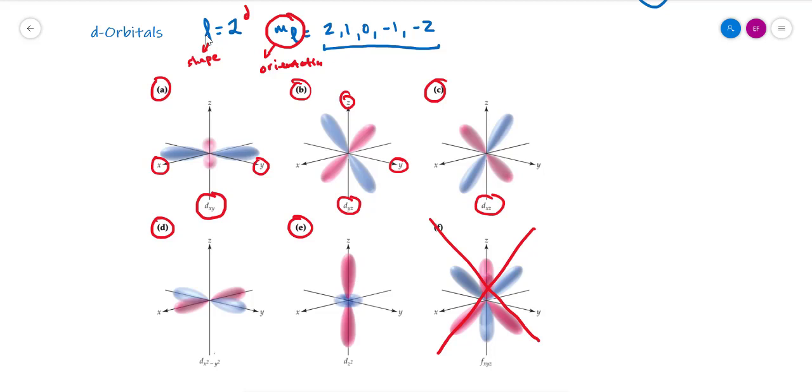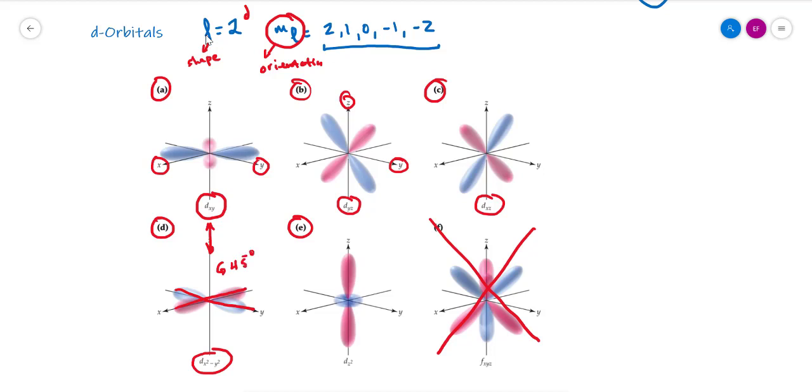And then we have this sort of weird one where we have the d x squared minus y squared. It's the same shape, but instead of lying in the plane 45 degrees rotated to the axes, they're actually lying on the axis themselves. So if you look at the x squared minus y squared versus the xy, they're exactly the same, except this one is rotated 45 degrees within that xy plane.